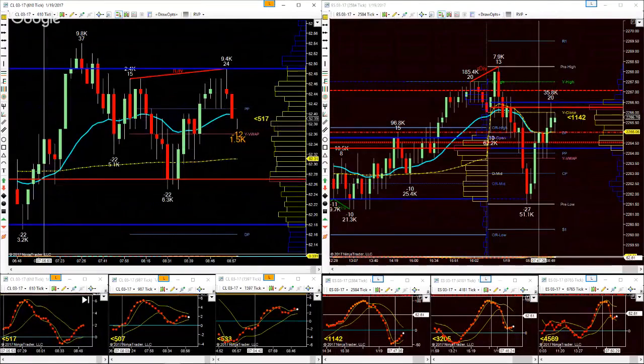But I am going to draw in yesterday's value area high, because we don't have anything around there to use as a level. So I'm just going to put it in here. Just going to put it right here.